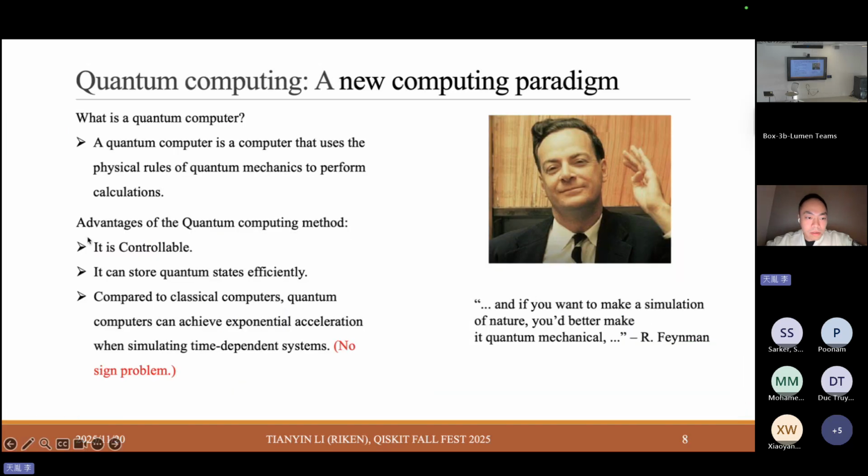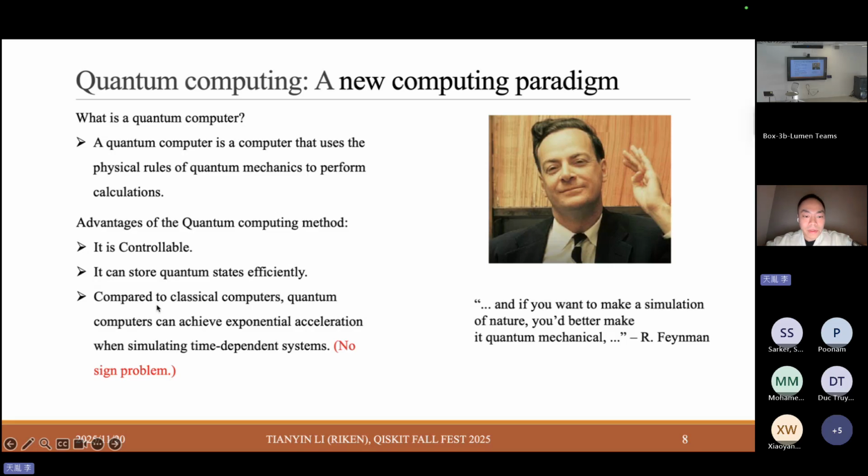There are many advantages of the quantum computing method. Firstly, it is controllable, which means we can use quantum computing to simulate any other quantum mechanical system in our world, including quantum field theory. And the quantum computer can store the quantum states efficiently.